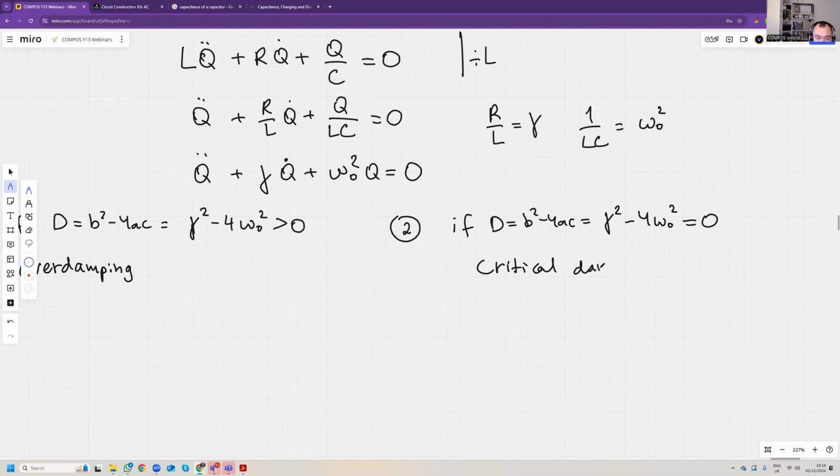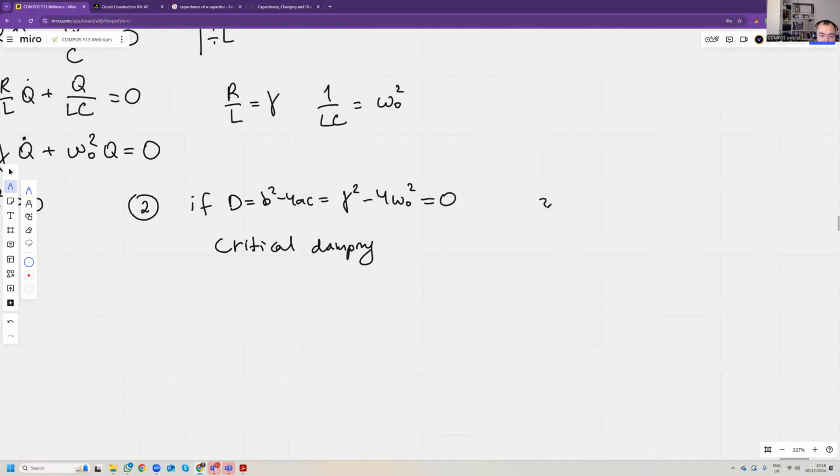And thirdly, if b squared minus 4ac is less than 0, which is gamma squared minus 4 omega 0 squared less than 0, then you have underdamping. Underdamped.